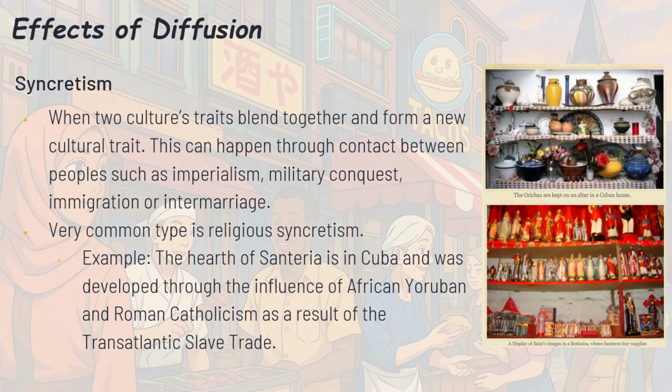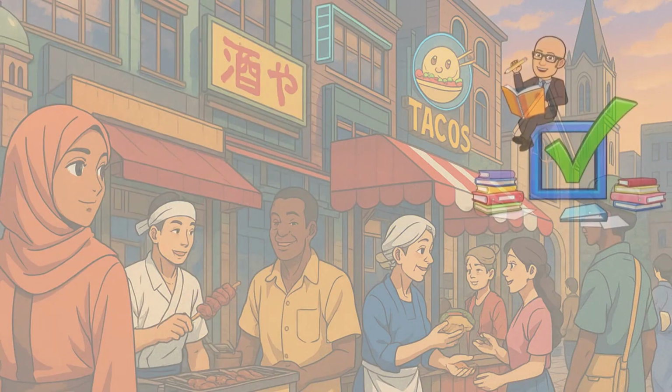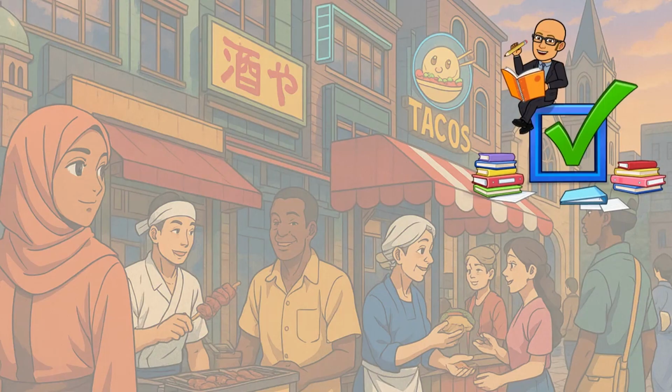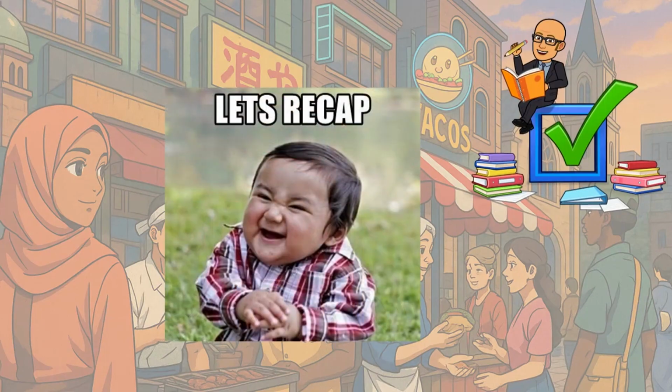You've now seen how diffusion can shift, shape, and sometimes even reinvent culture. Time to pull it all together before the final brainbuster. You just made it through the ultimate glow-up guide to cultural change. We covered how diffusion can lead to acculturation, when cultures swap vibes but still keep their core.